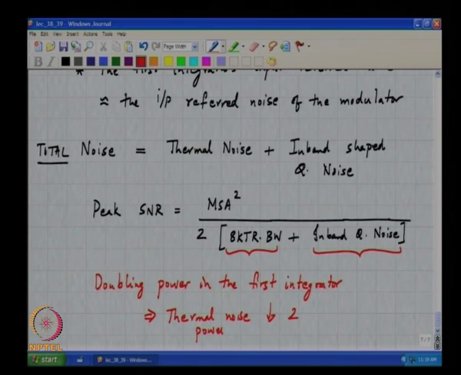Now one obvious question is, if I want to shoot for a certain signal to noise ratio, should I make my modulator be limited by thermal noise or be limited by quantization noise?